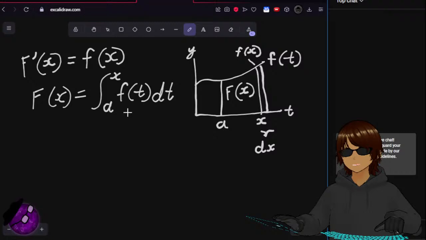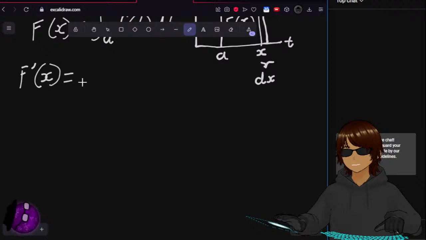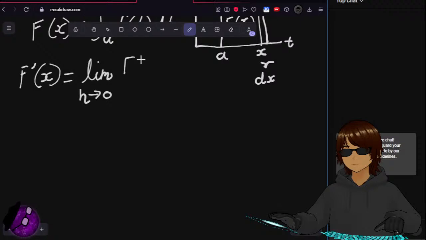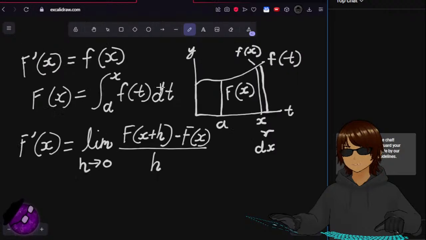Right. And then so yeah, so the derivative of this is equal to limit, by the definition of the derivative, the area plus h minus f of x over h.